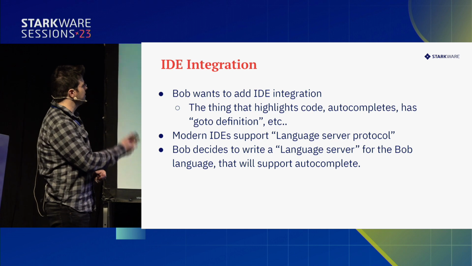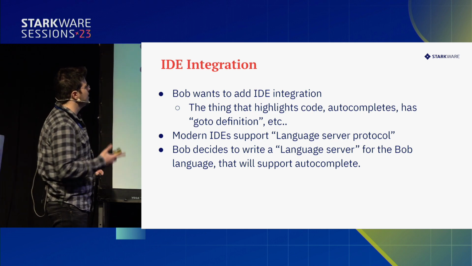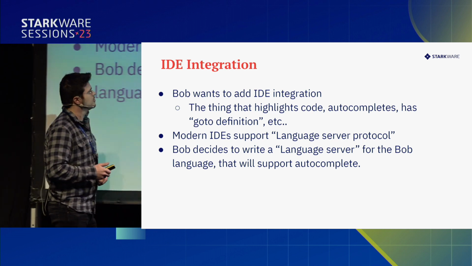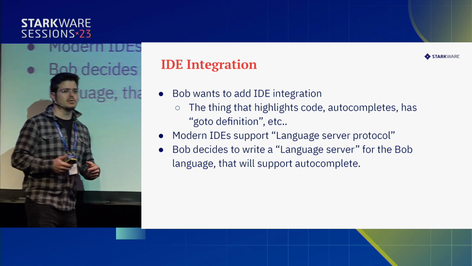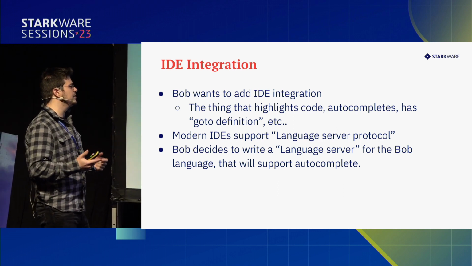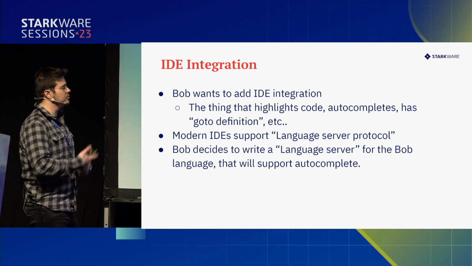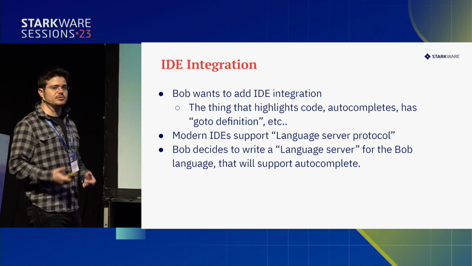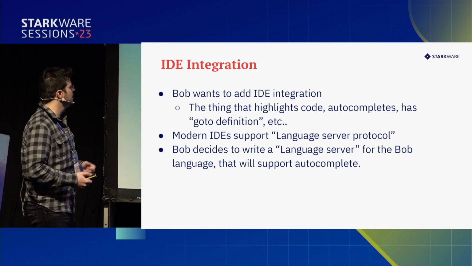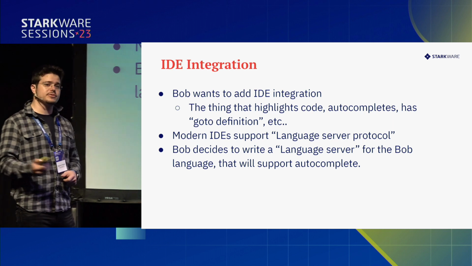And modern IDEs actually use a language server protocol, which is a unified protocol for compilers to give IDEs access to all kinds of features. So Bob decides to write a language server for the Bob language that will also support autocomplete.